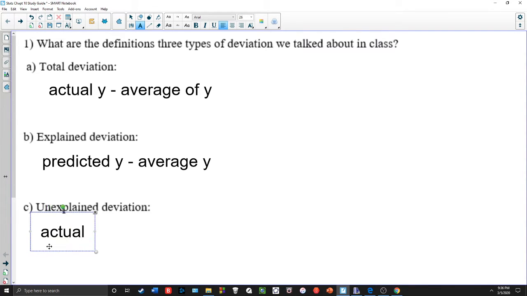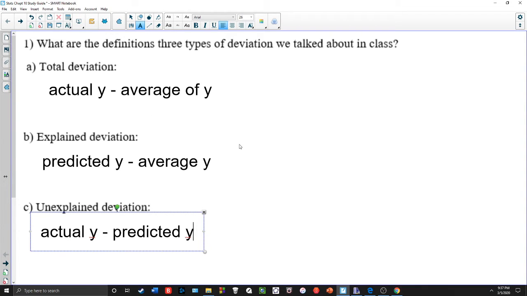It's the actual value minus the predicted value. So it's how far off we were in our guess. If we predicted y was 10 and the actual value was 25, then our unexplained deviation for that was 15. Basically, this unexplained deviation is how far off you were from the actual value based on your predicted guess.